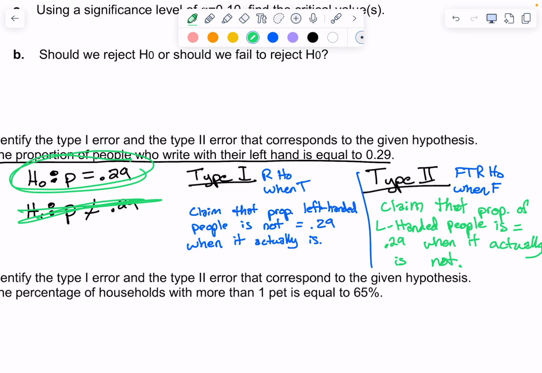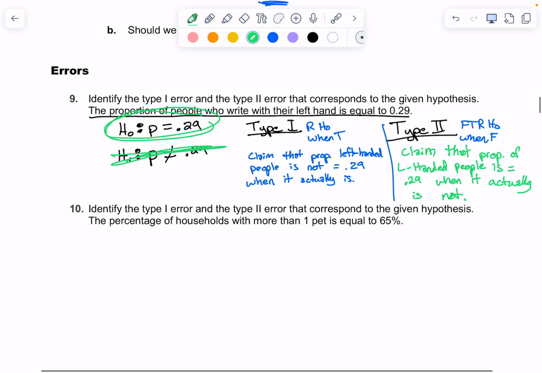Do you see how this works? We could either say it's not when it actually is, or say it is when it's actually not. Does that make sense at all?